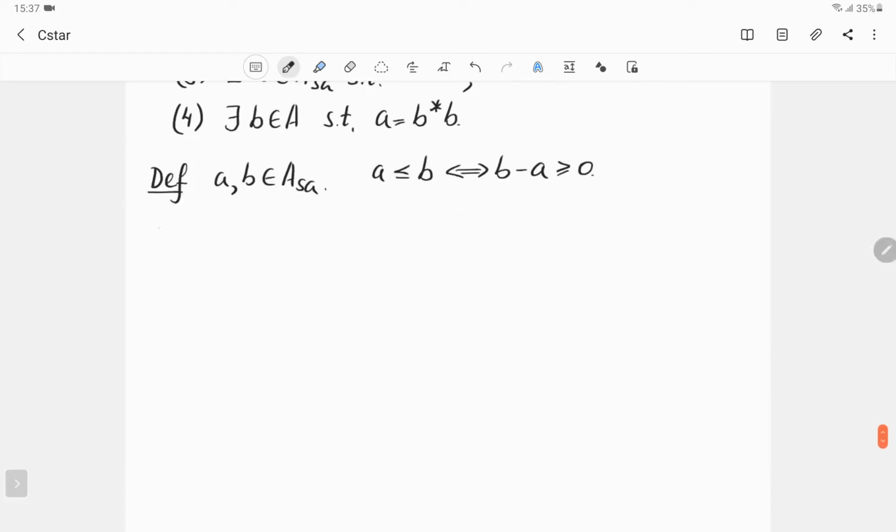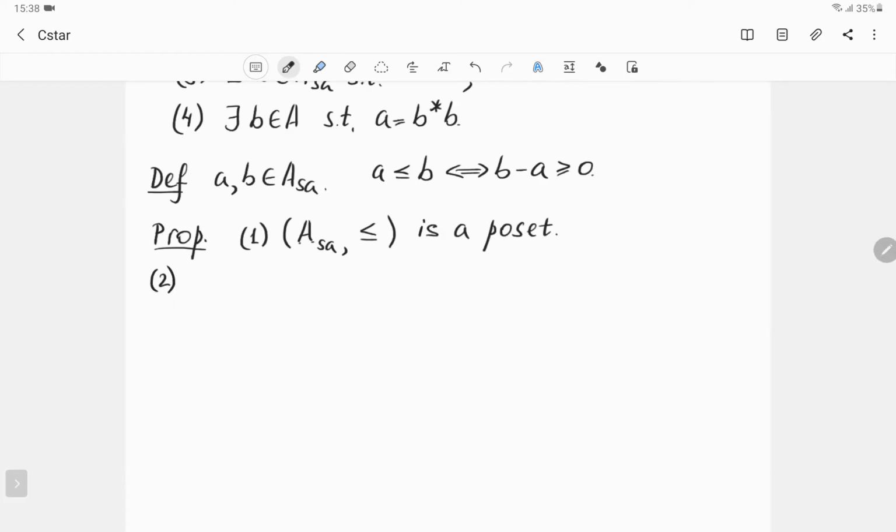We have the following proposition, which describes the properties of this relation. First of all, I claim that the set of all self-adjoint elements equipped with this order relation is indeed a partially ordered set, poset. Poset is the abbreviation for partially ordered set.